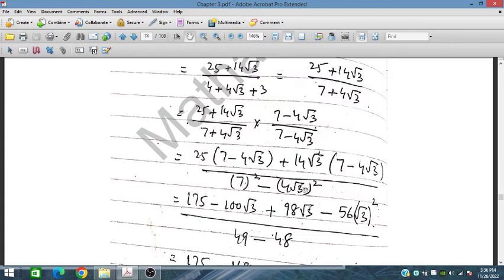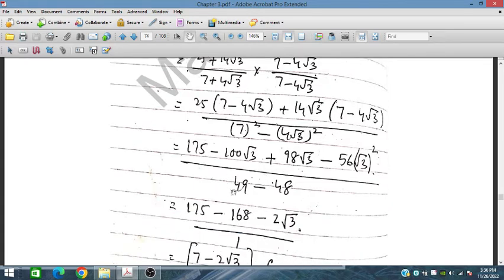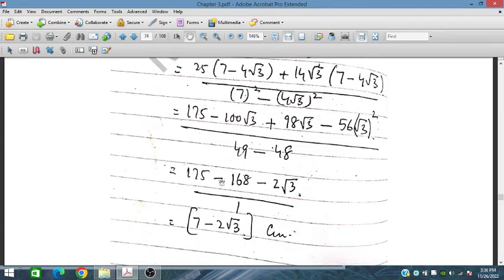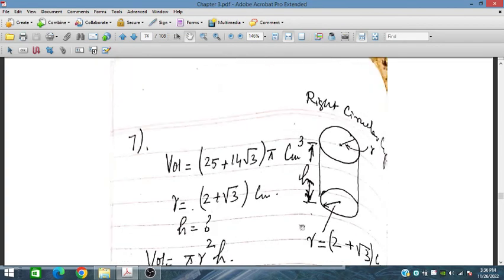On further simplification we have obtained 7 minus 2 under root 3, and this is in centimeter, because the volume is given in centimeter cube and the radius is given in centimeter. So height should be given in centimeter as well.